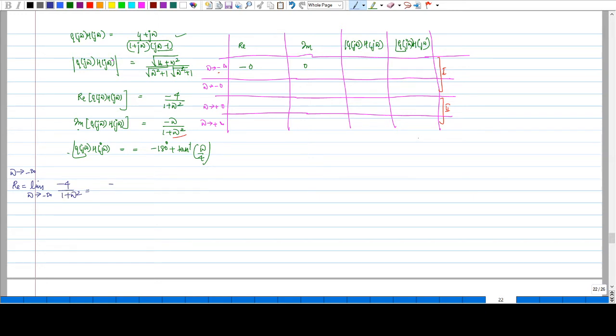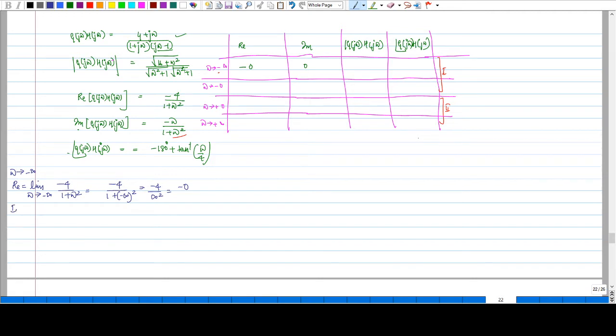This is equal to minus 4 divided by 1 plus minus infinity square, which is equal to minus 4 by infinity square, because infinity square is much larger compared to 1. Minus infinity whole square is infinity square. So this is large, so 1 can be ignored. This is equal to minus 0, because 4 by infinity is 0. This minus sign will be there no matter what value of infinity you take.